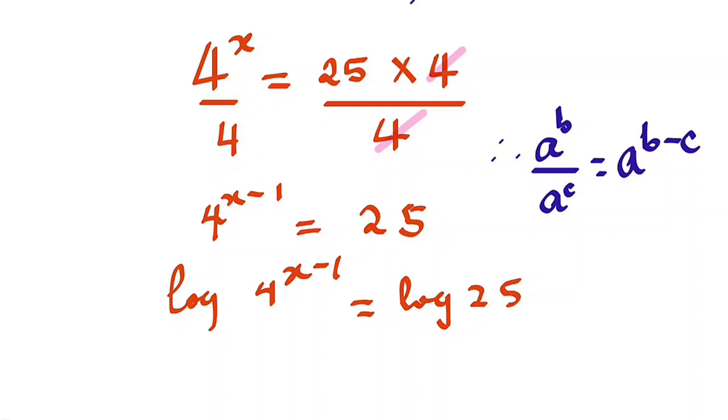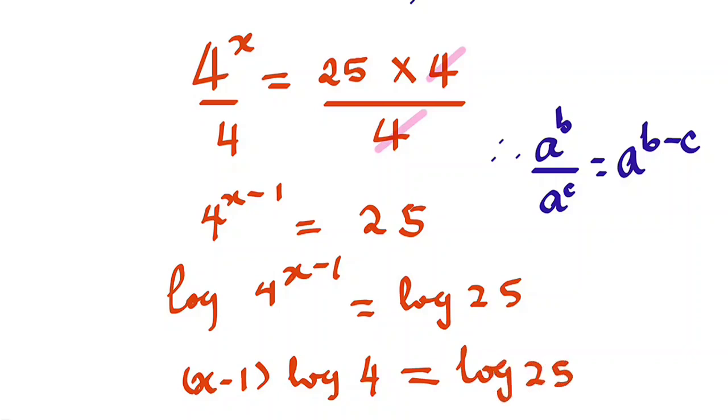From there, you know that this x minus 1 has to come down. So x minus 1 times log 4 equals log 25. Are you following?